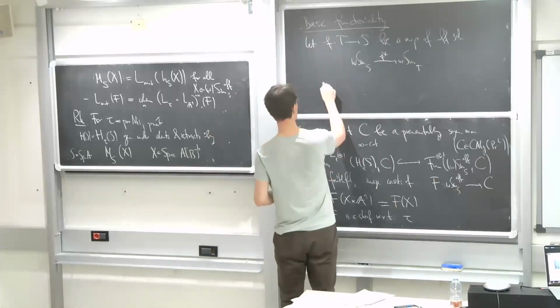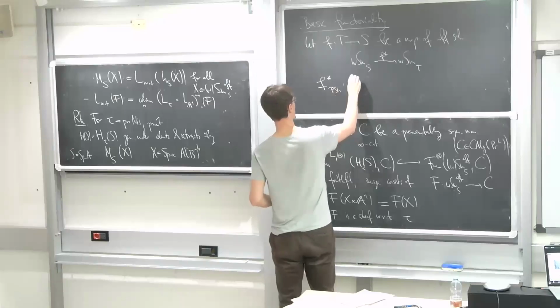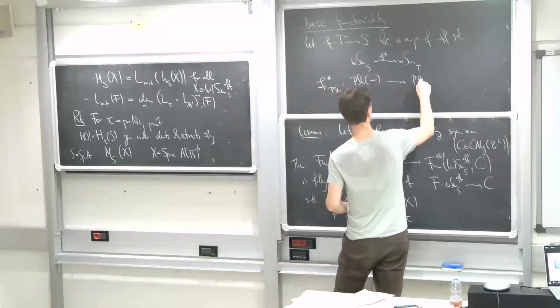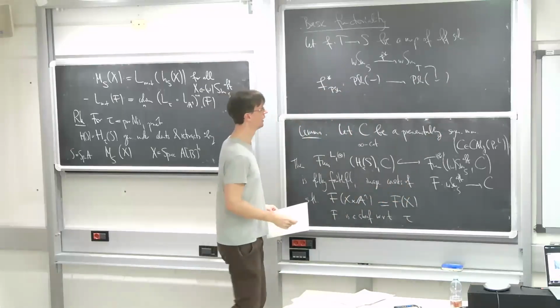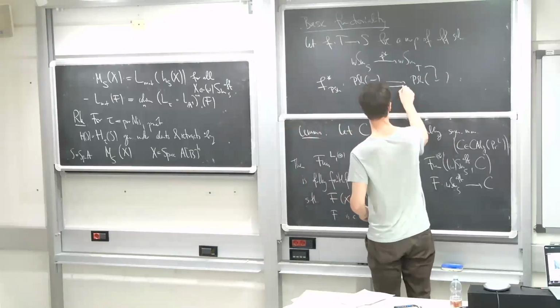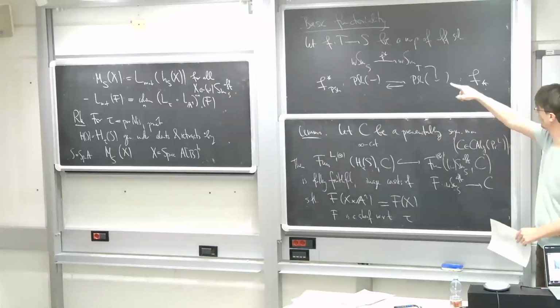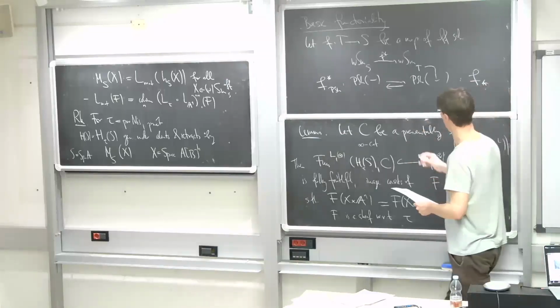So this gives us f upper star, on the presheaf category on here, the presheaf category on there. And this has a right adjoint, which I call f lower star, which is really just precomposition with this thing.